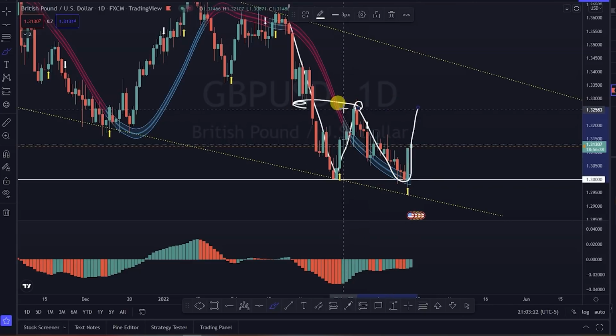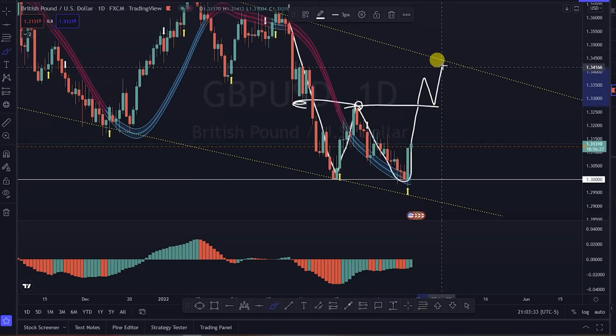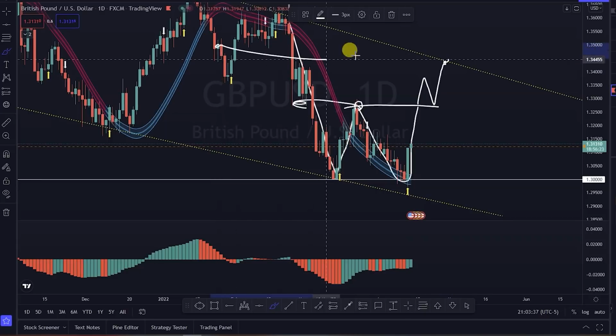The first resistance that GBP USD is going to tackle is around here, which is around 132.500, and then if that's broken, we should expect something like this to retest right here, in this zone.